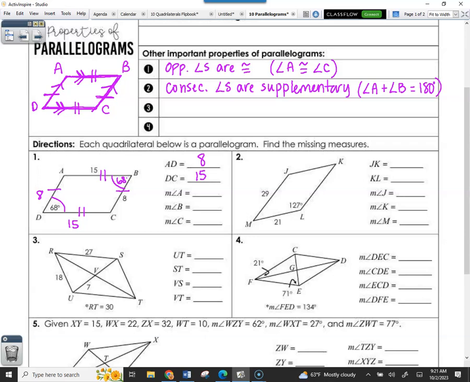Because opposites are equal and consecutives add to 180. So if the consecutive angle is 68, angle A would be 112. And how'd you get that? You subtracted it from 180. We said angle B measures what? 68. And angle C measures 112.